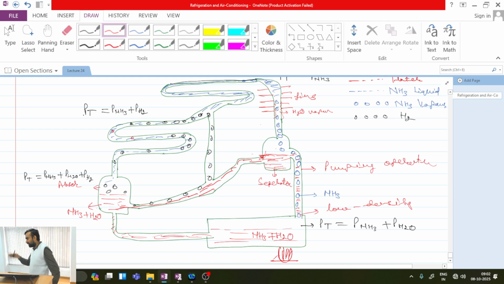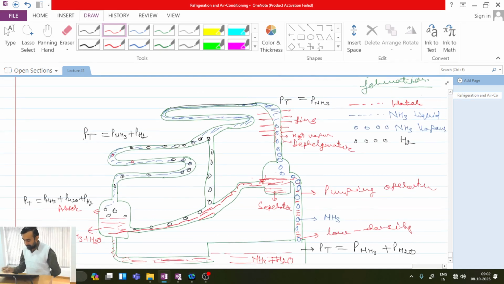It will settle in the downward direction and drip down. So these vertical tubes with fins are acting as the rectification column or deflegmator.